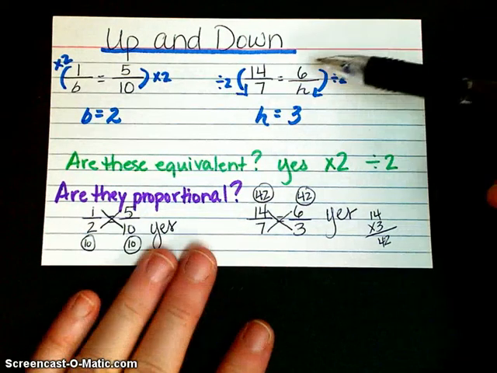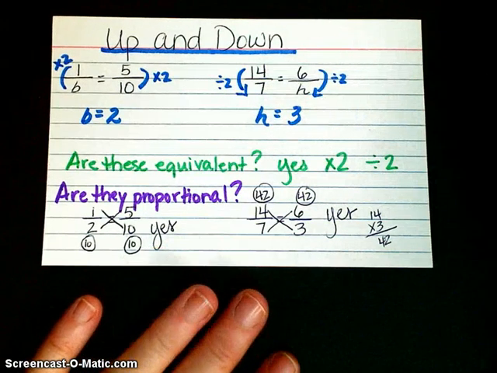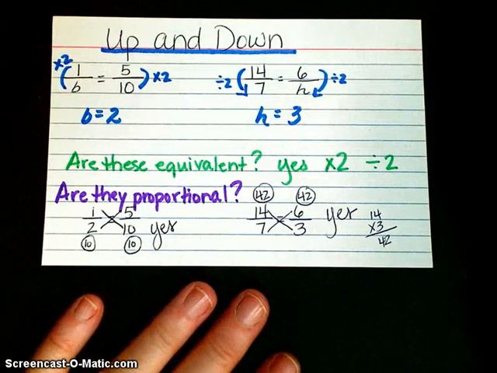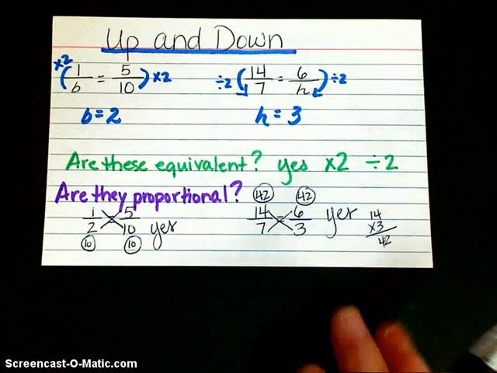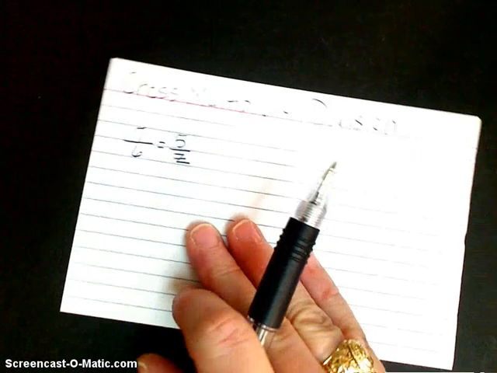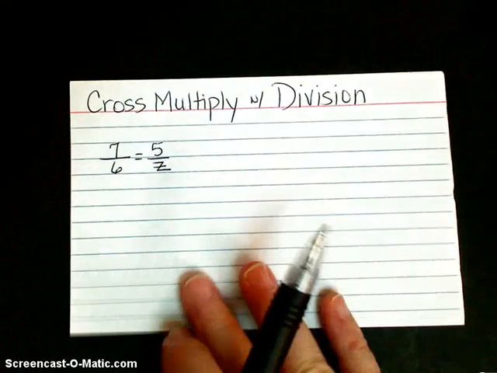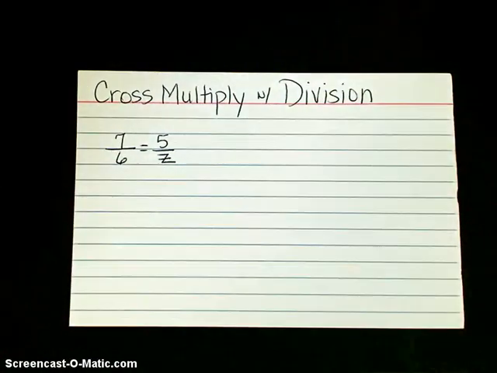So remember, this is where you look at the top and bottom of one of your rates and you change it and you find your rule to do to both sides. The last one that I think is probably going to be the most complicated for some of you, but for other ones of you, you're going to be like, oh my gosh, if I can figure that out, I'm totally set. This goes with number 1.